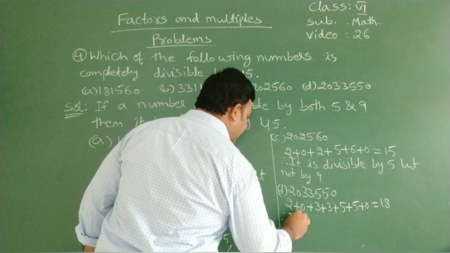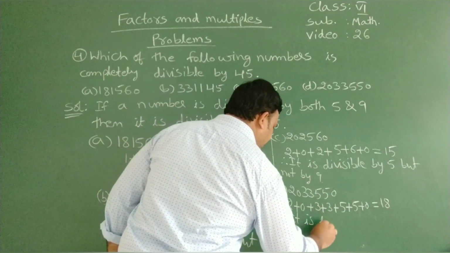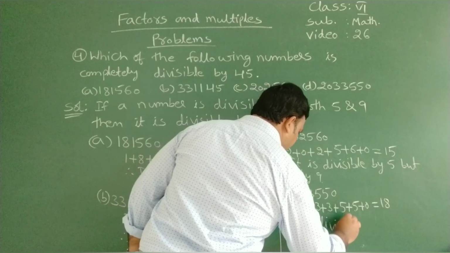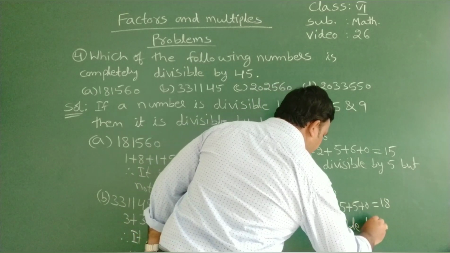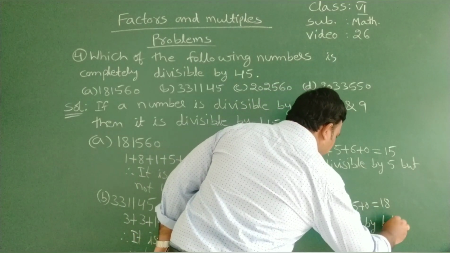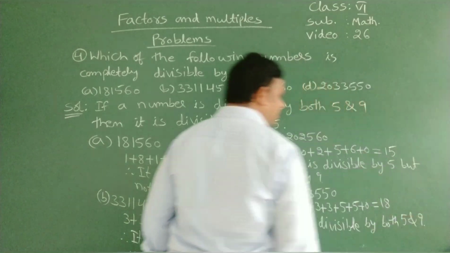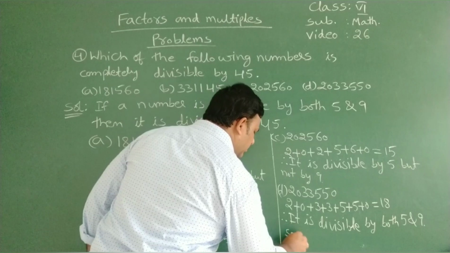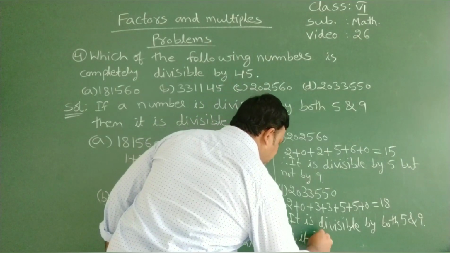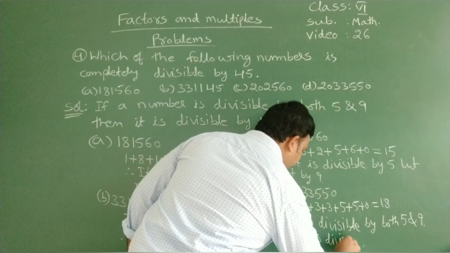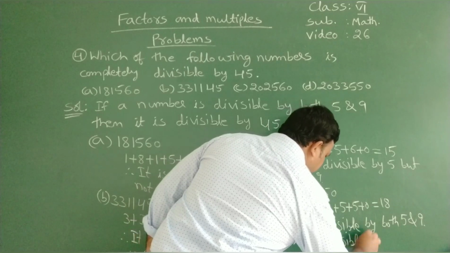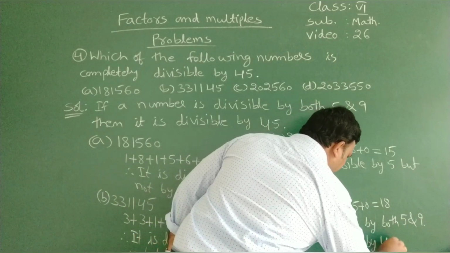Therefore, it is divisible by both 5 and 9. So, it is divisible by 45.